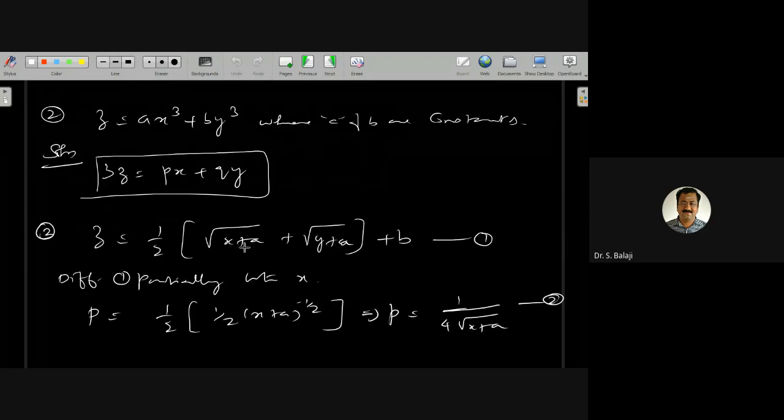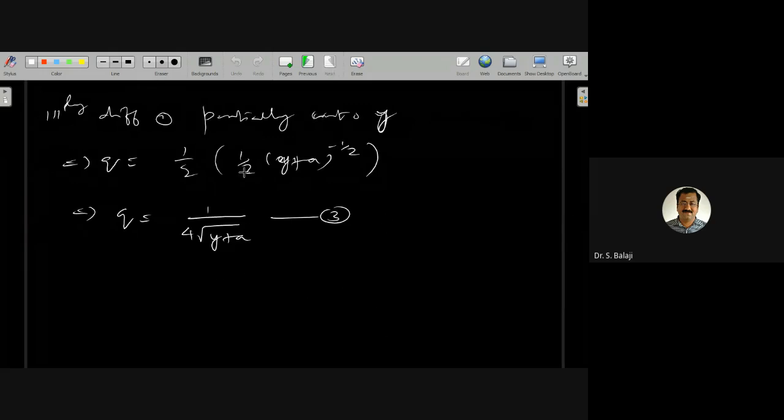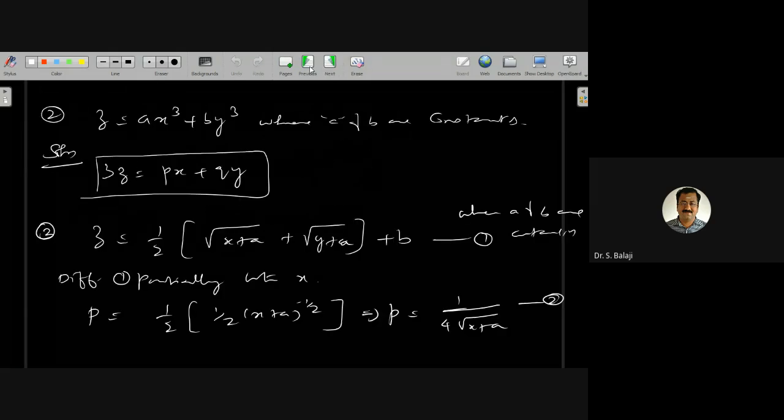But we have to eliminate both a and b, where a and b are arbitrary constants. Here x plus a you are getting, and square root of y plus a also you are getting. That's okay, but if you substitute here, b again appears.